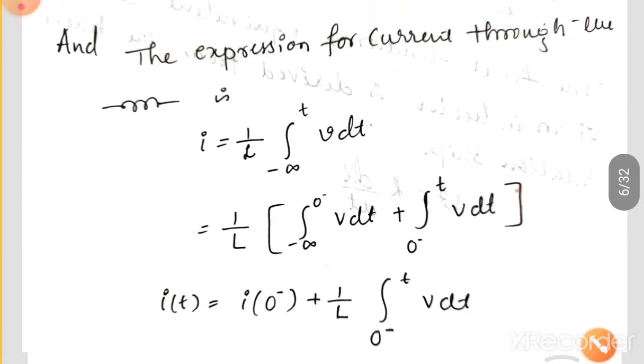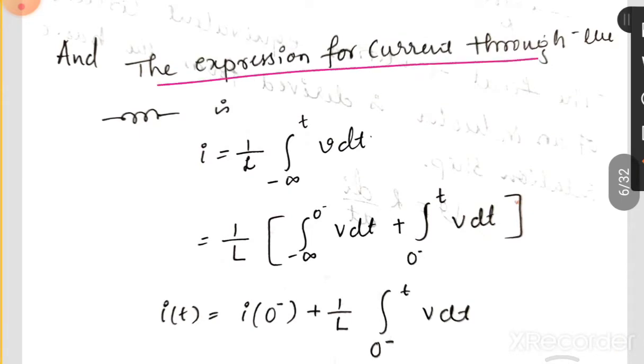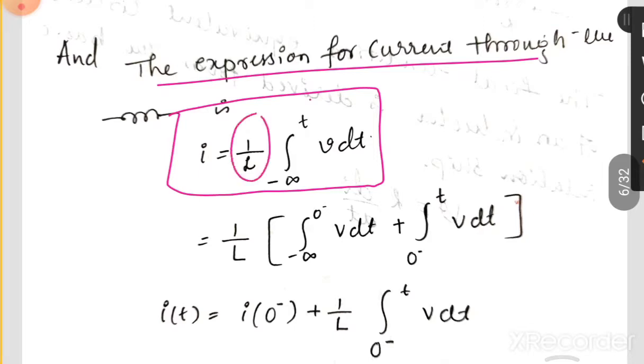The expression for the current through a pure inductance will be I equal to 1 by L, the integration from minus infinity to t of V dt.